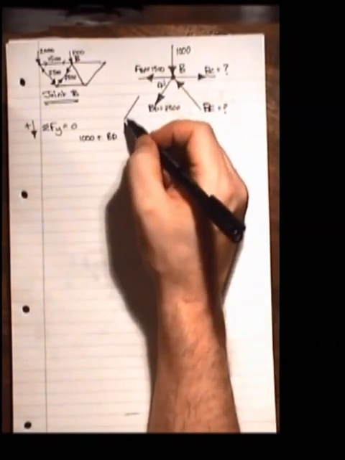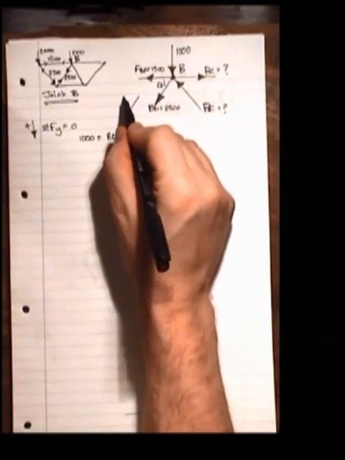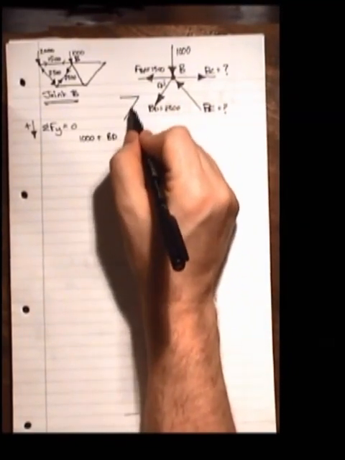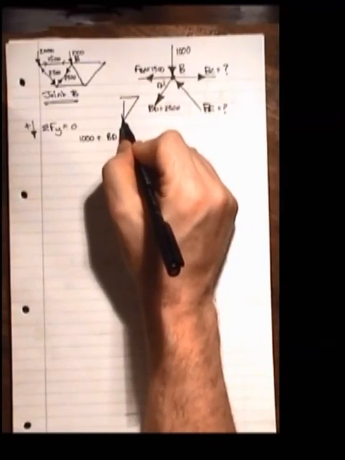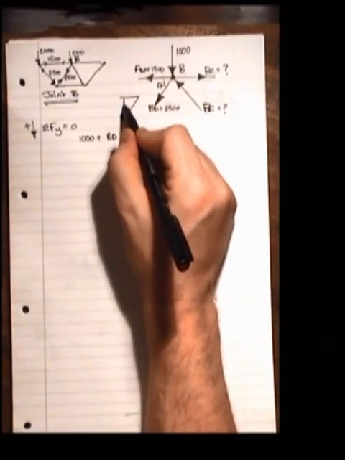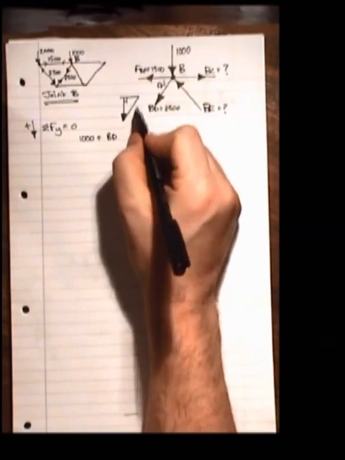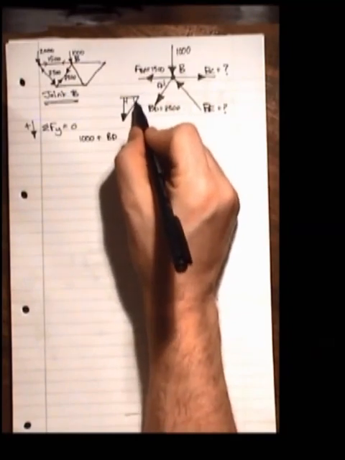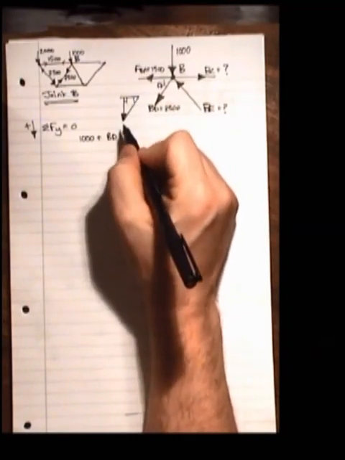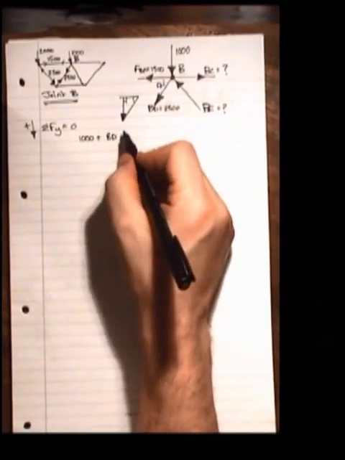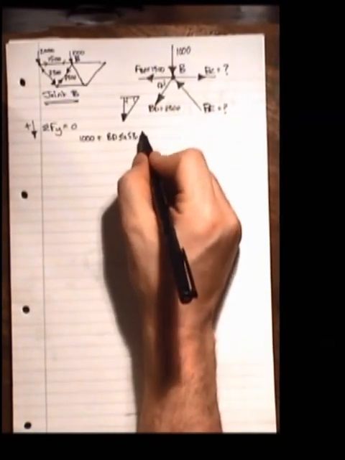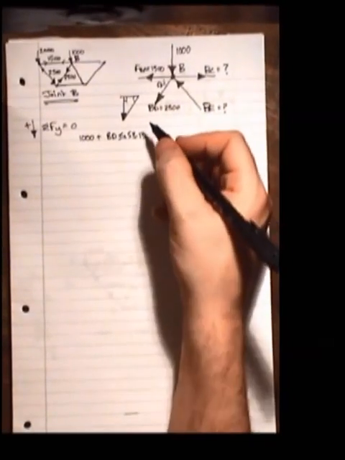So we've got the BD of 2500 with an angle, and how much of that is acting downwards? If you can imagine a 90-degree triangle, 2500 there, it's opposite the angle, so it's sine. So BD sine 53.13.